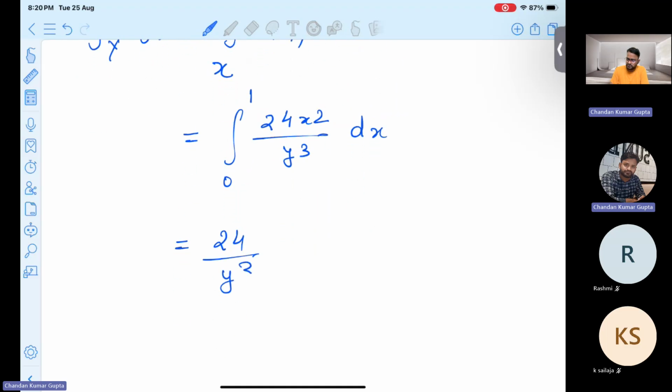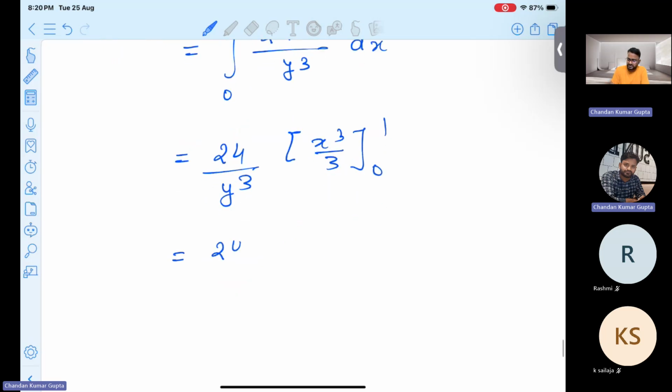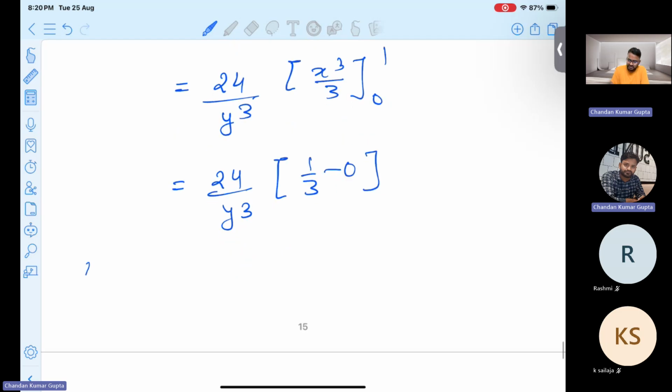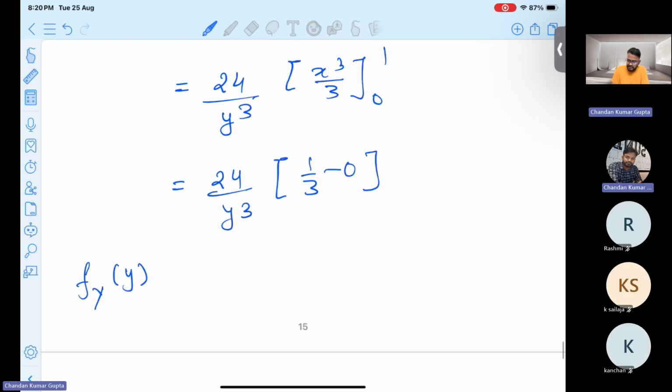So that means 24 upon y cube is taken outside, and then x square is within the integral. So obviously it's x cube by 3, from 0 to 1. Now it's 24 upon y cube times 1 by 3 minus 0. So it comes out to be 8 upon y cube.